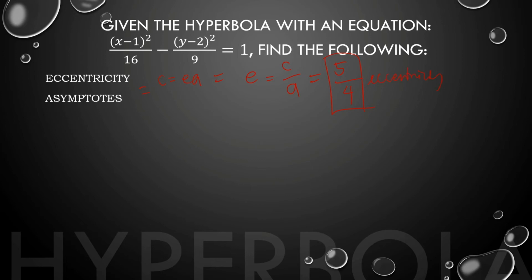And then, yung asymptotes naman, so based dun sa table natin, siyang horizontal hyperbola. So, ang gagamitin natin is itong y minus k is equal to positive, negative b over a times x minus h. Direct sub lang.